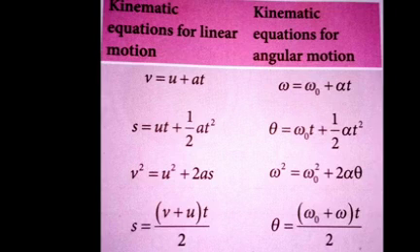So omega here is final velocity, omega naught is initial velocity, alpha is angular acceleration, and theta is angular displacement. And last one, theta is equal to omega naught plus omega divided by 2, into t. So theta represents the same angular displacement, omega naught the initial velocity, and omega the final velocity.